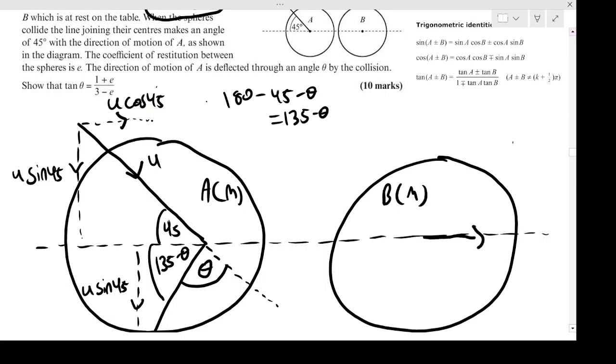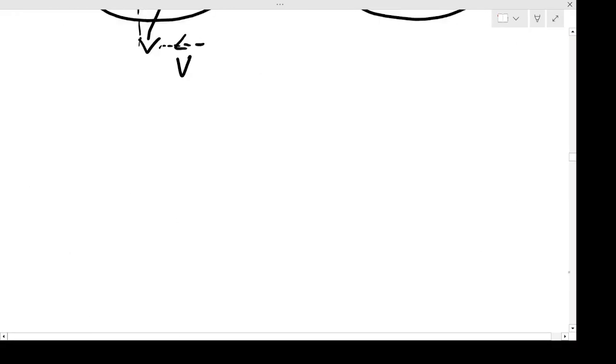If the perpendicular part stays the same, there's no perpendicular part at the beginning, so there's also no perpendicular or vertical part at the end. So I'm going to call that parallel part W.